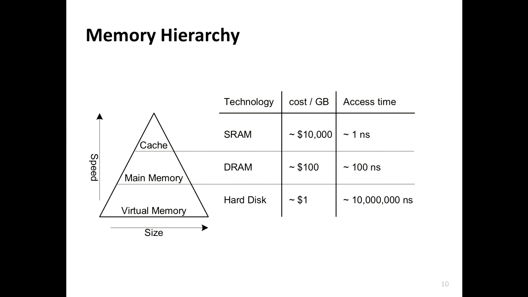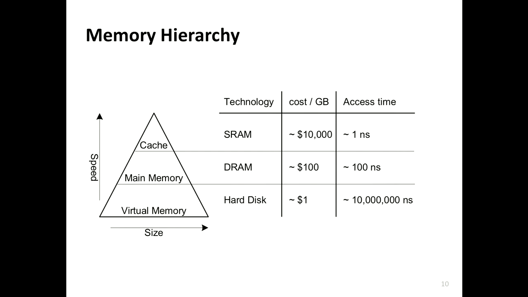So, technology: you have hard disk for virtual memory, DRAM for main memory, which is the bookshelf, and SRAM, which is very fast but expensive. I think this data is from probably 10 years ago. Today, the cost per gigabyte is approximately $5,000 for SRAM, and access times have gone down to hundreds of picoseconds.